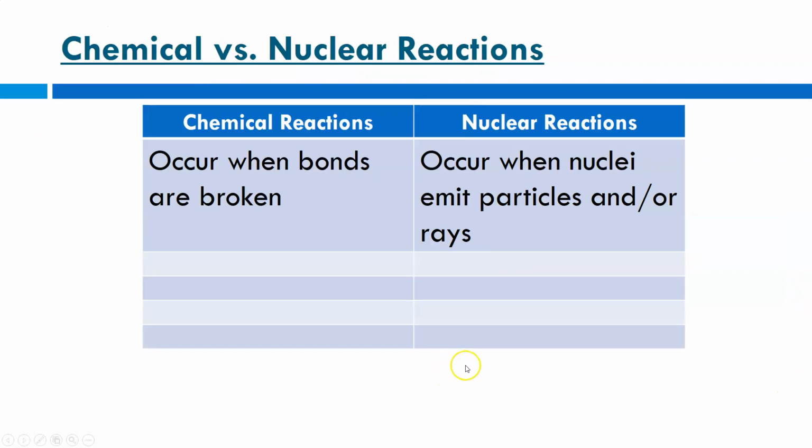So I'm going to compare the difference between a typical chemical reaction and the nuclear reactions. The first difference is that in a normal reaction, it's the chemical bonds with the electrons that are being broken. During a nuclear reaction, the nucleus itself is either going to be emitting or maybe absorbing particles or energy.